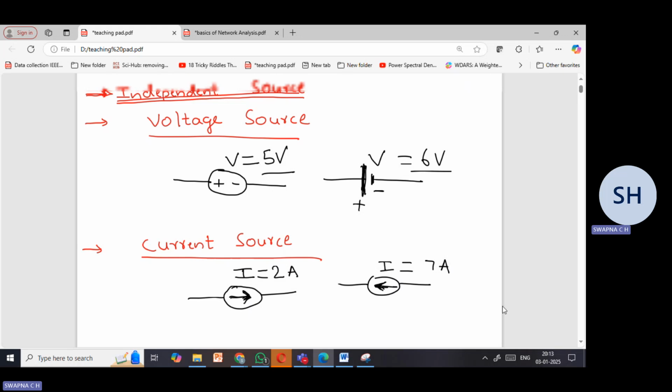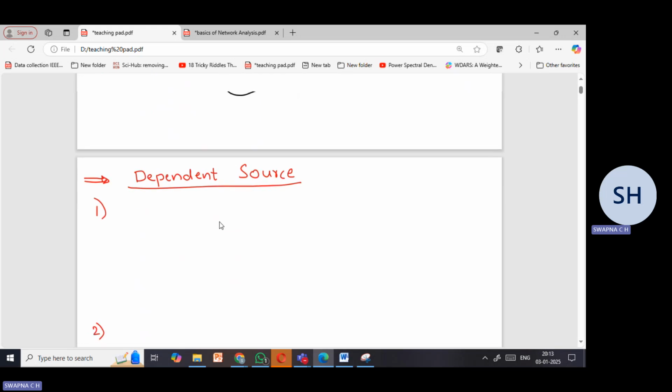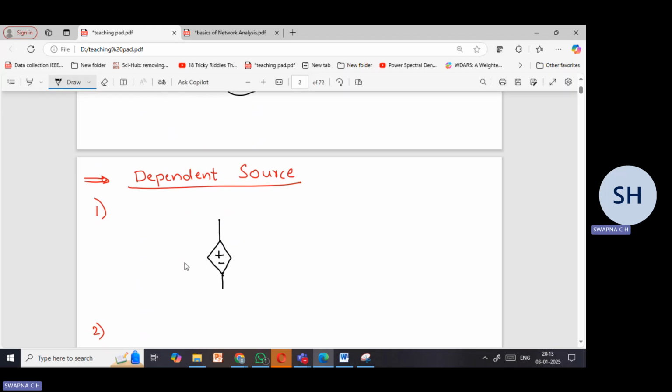So as I'm mentioning, these are the independent sources. I have different dependent sources as well. Generally the dependent sources are denoted with a diamond symbol, as shown like this. If I have plus and minus here, then it indicates a voltage source.